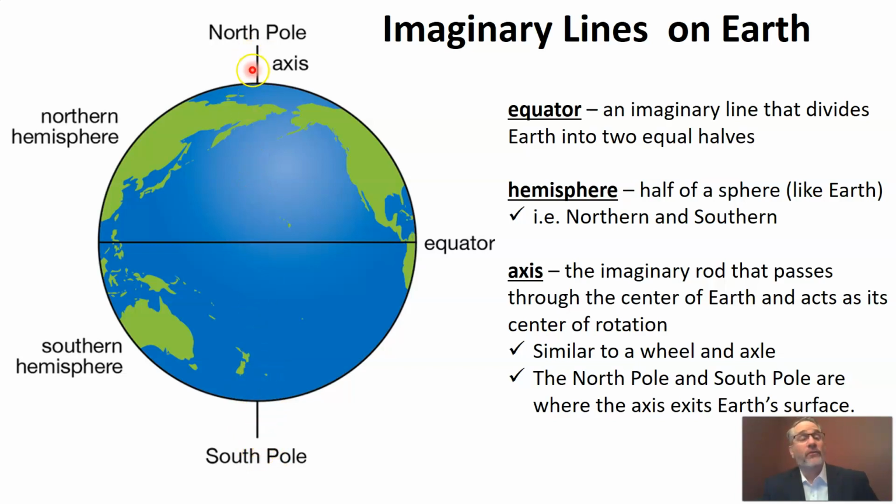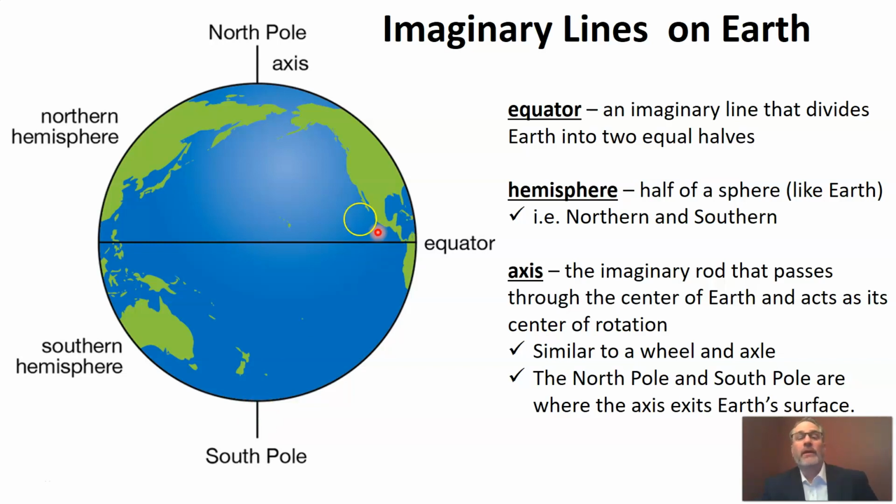Of course, there is no rod going through the center of Earth, but it's a good way for us to imagine what is happening. When we look at the axis, the place where the axis intersects with the Earth's surface in the northern hemisphere, where it exits, we call the North Pole. And where the axis exits or intersects with the Earth's surface below the equator, we call that the South Pole.